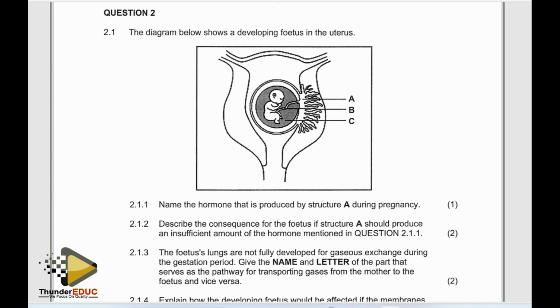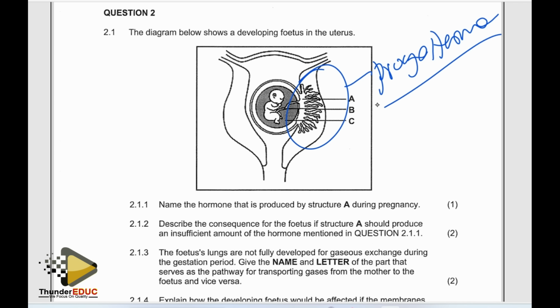Remember, in our last minute discussion, we talked about structure A. Structure A is a placenta, and when it is above 12 weeks, the corpus luteum will stop producing progesterone, and then this structure starts to produce progesterone.